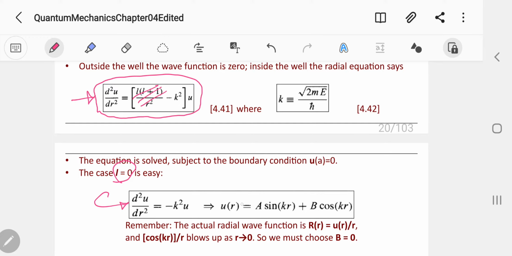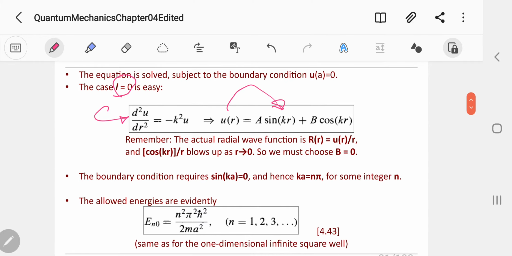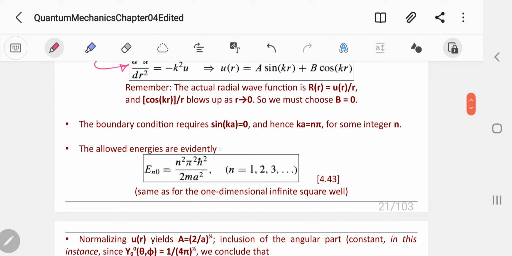The solution would be this one. You have a sine part and a cosine part. And of course, sine ka is 0, and k is of course equal to n pi over a in this condition. And your energies would just be this, where L is equal to 0.